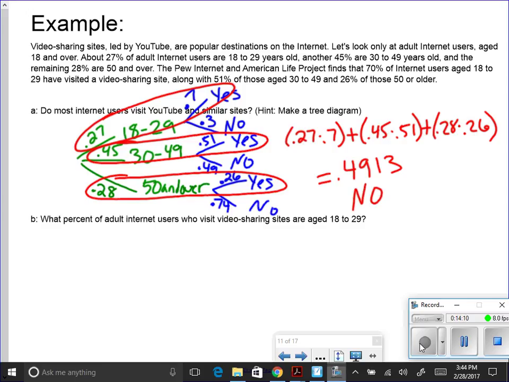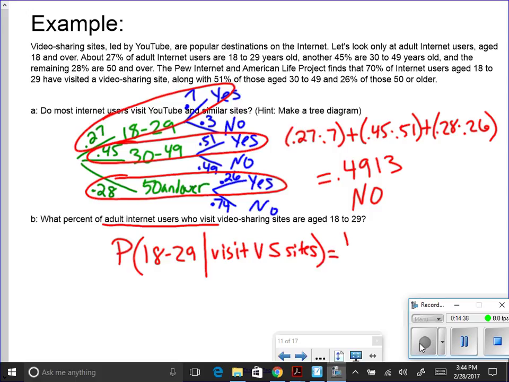The second question, what percent of adult internet users who visit video sharing sites are aged 18 to 29? So this is a conditional probability. It says what percent of adult internet users. So the probability of being aged 18 to 29, given that they visit video sharing sites. So the probability of being 18 to 29 and visiting video sharing sites over the probability of visiting video sharing sites.